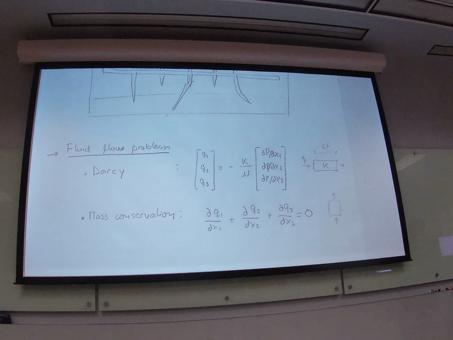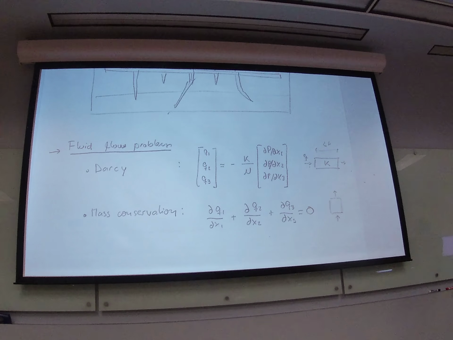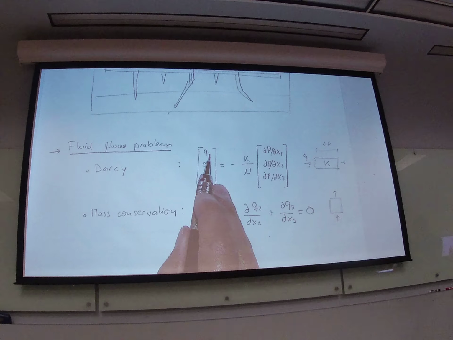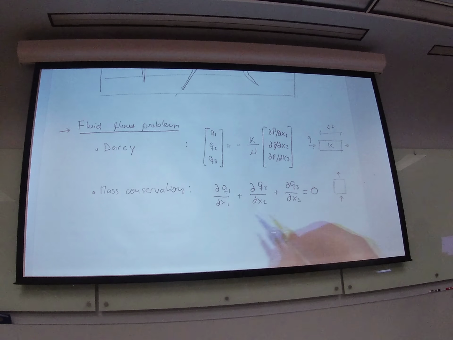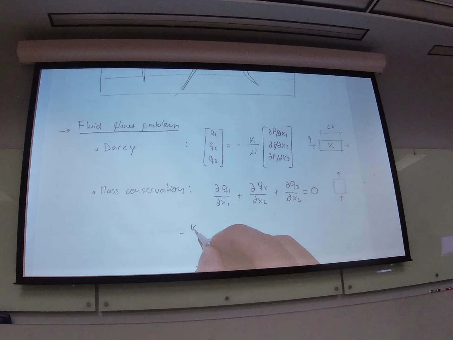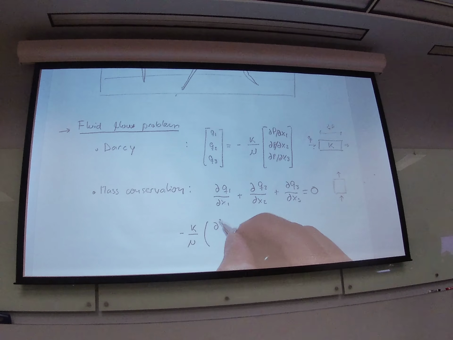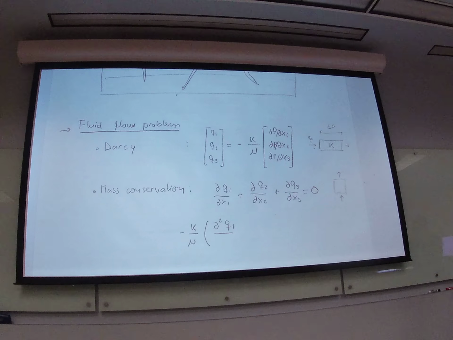Well, you put these two equations together, and then you get what is called the Laplace equation, where look, there's Q1 over here, but we know what is Q1. Q1 is this one times that one. So I can combine those two, and I will get to an equation that looks like this.